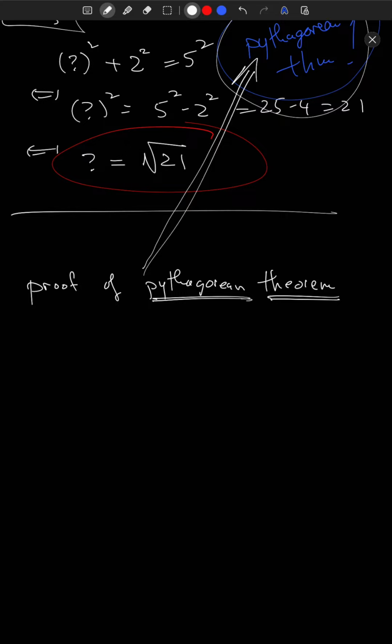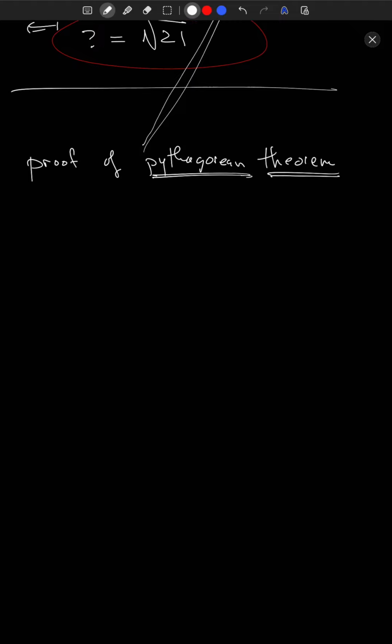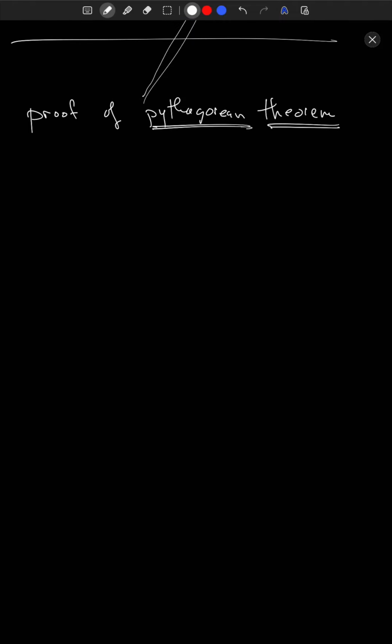But I'm going to give a proof that's more algebraic, just because it's really hard to reorganize pictures on a computer screen like this. It's also nice because it only depends on understanding similar triangles.